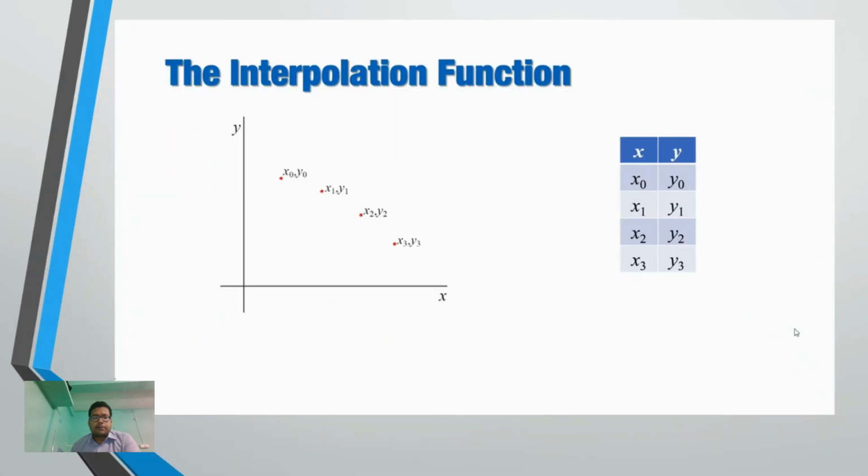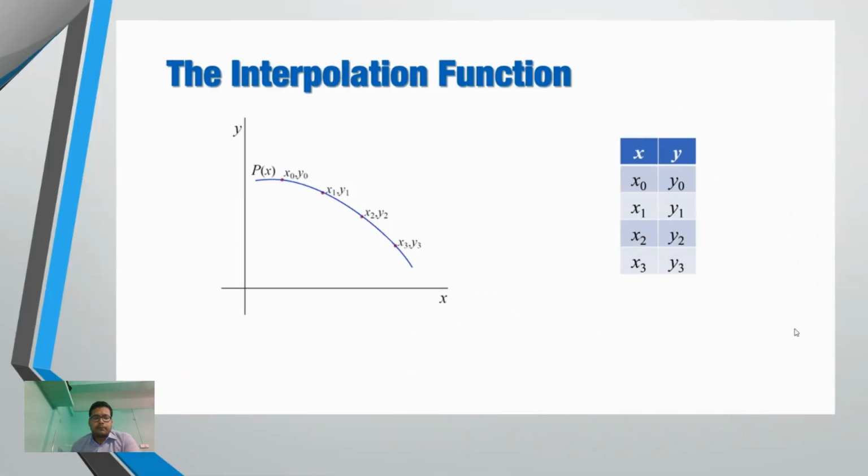Next, we have the interpolation function. The various data sets for x and y axis are given, and we have plotted the data sets in the two-dimensional xy plane as shown. Next, by connecting the data sets, we obtain the curve and we name it as p of x as shown.